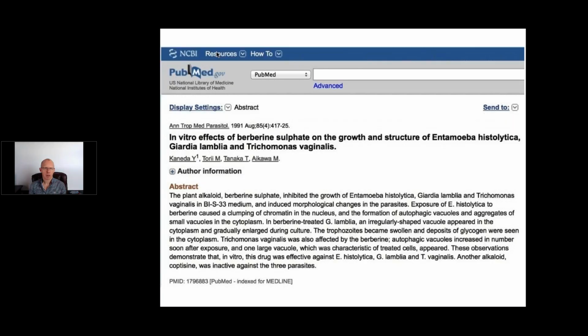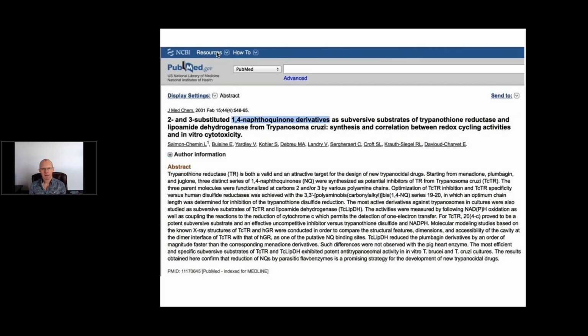So the naphthoquinone compounds in black walnut and in pau d'arco have some activity against this particular infection. I forget what this is. Just some parasite. It's a tropical parasite. I can't remember what it is.